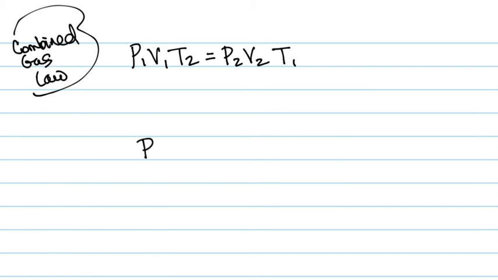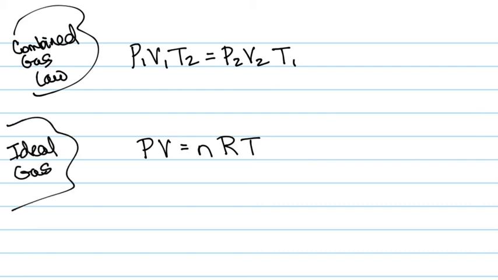And then our other major one is the ideal gas law. Again, there's not 2 pressures or 2 temperatures or 2 volumes, but we do have a constant, which is R. You have 2 values to choose from, and N, which is the number of moles.